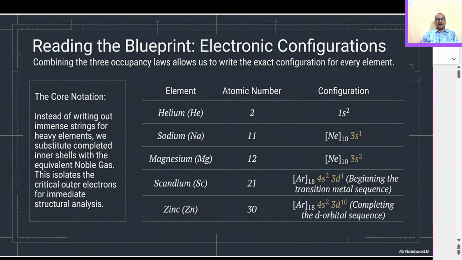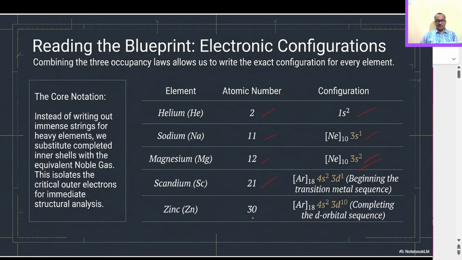So here you can have a flavor of elements from 1 to 30. Then sodium, atomic number 11, that is configuration is neon 10, 3s1. Then magnesium, atomic number 12, configuration is neon 10, 3s2. Then scandium, atomic number 21, electronic configuration is argon 18, 4s2, 3d1.